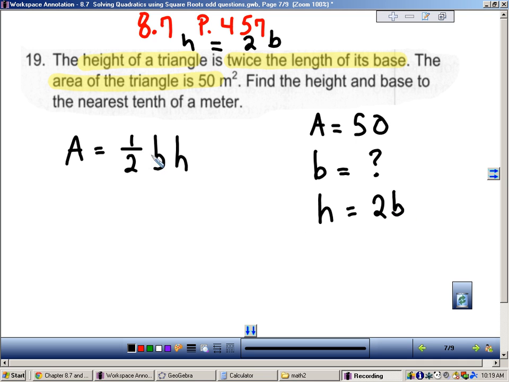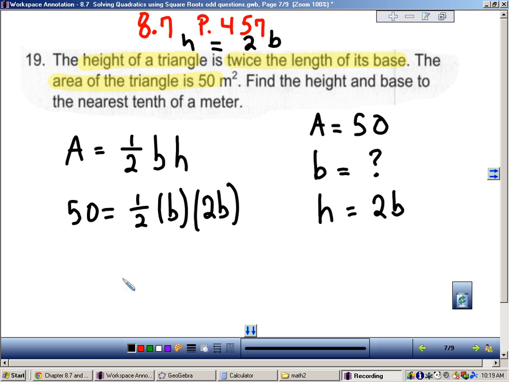So let's substitute the values here and try to find the height and base to the nearest tenth. So area is 50, substitute. 1/2 times the base, which is B, times the height, which is 2B. So let's multiply through.